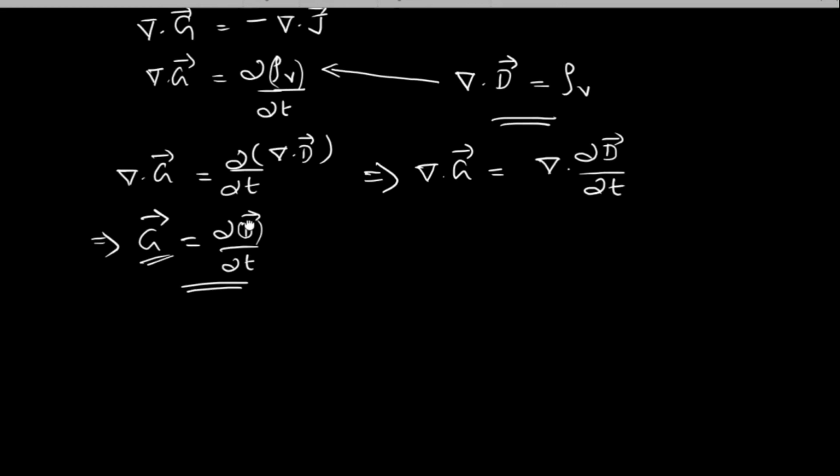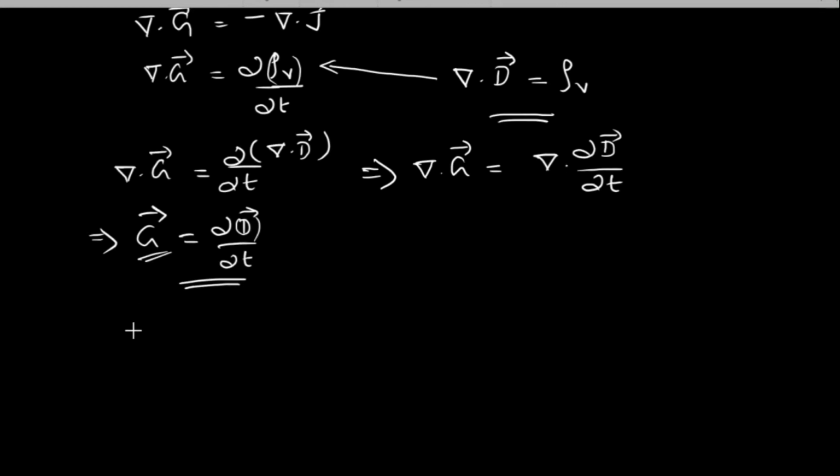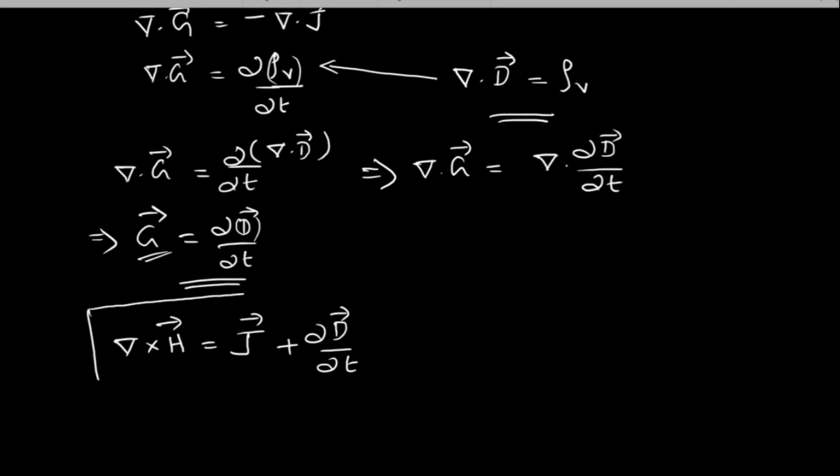If I know G, I can write the Ampere-Circuital law in point form in a time varying field as J plus G, and G is nothing but partial D by partial t. So this is the modified Ampere-Circuital law for time varying fields, or our next Maxwell's equation.